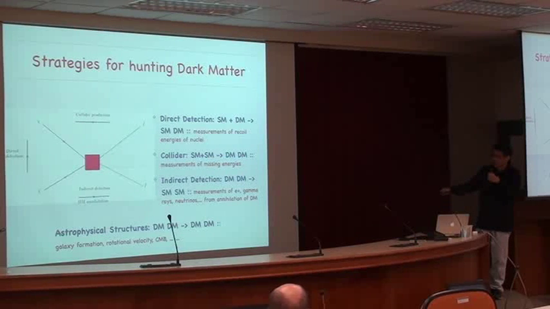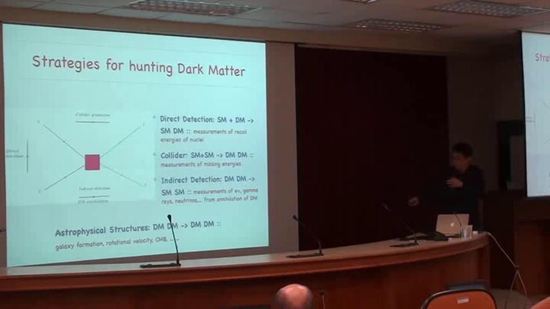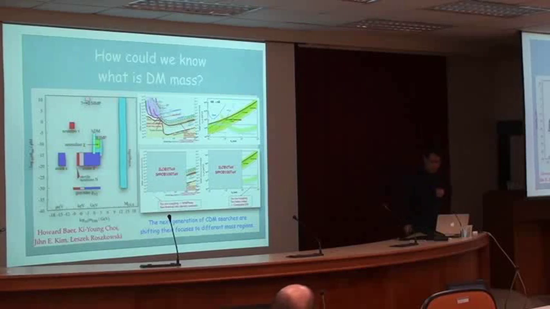Namely, for example, the self-interaction of dark matter will certainly affect galactic formation, rotational velocity, CMB, etc. So right now we can get constraints and also some useful information from all these measurements on dark matter interactions. This is very small, I don't mean for you to read it carefully.